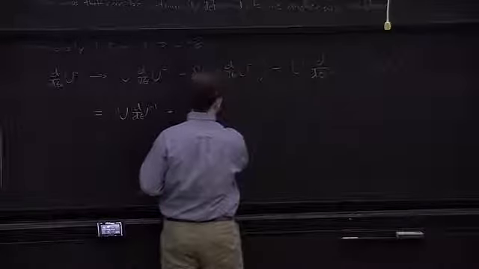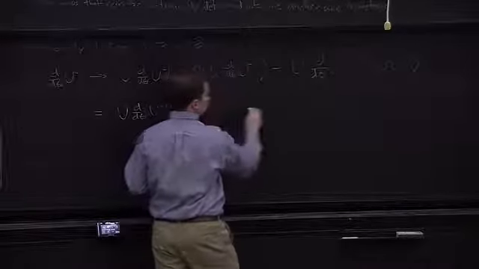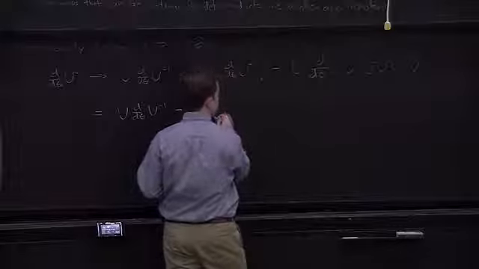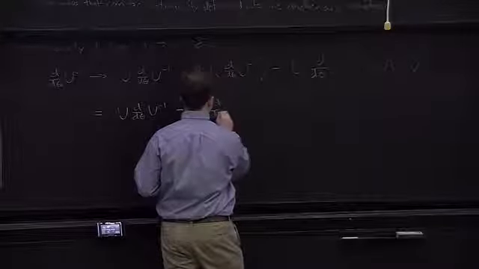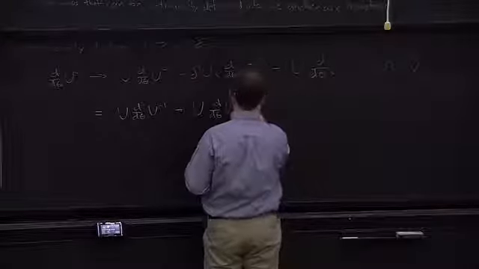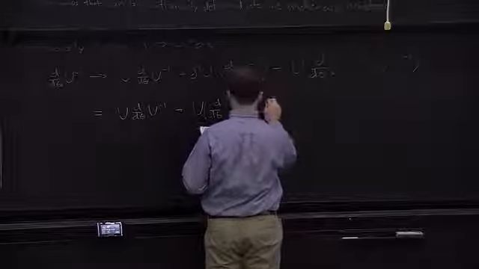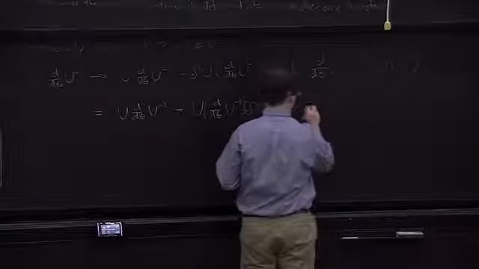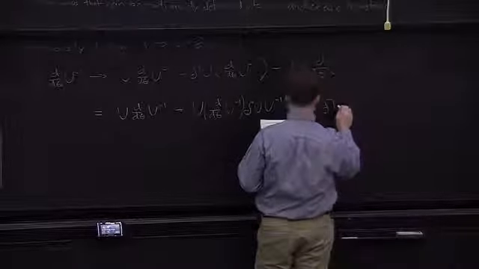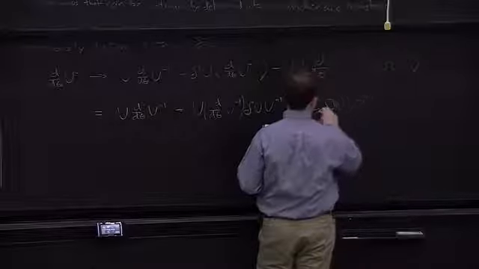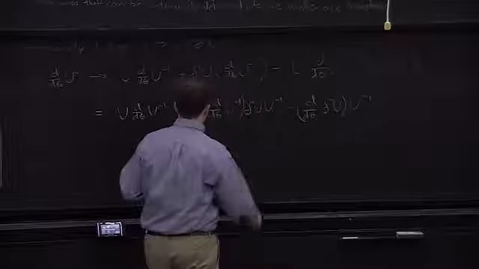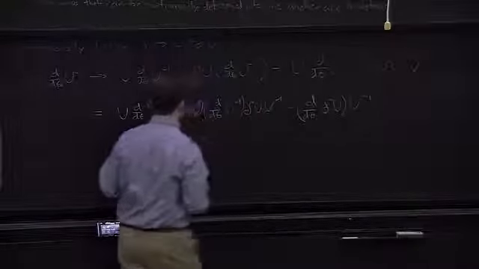That term cancels off, and then we're just left with this d theta acting on the first U and the delta U. So we get U d theta of U inverse delta U, and the U and U inverse cancel.